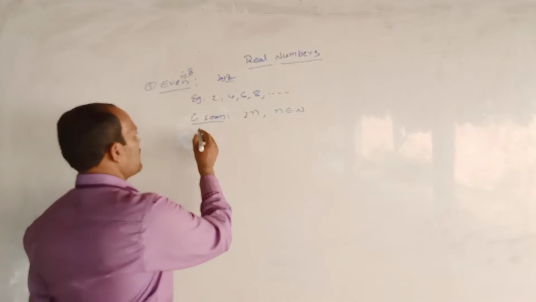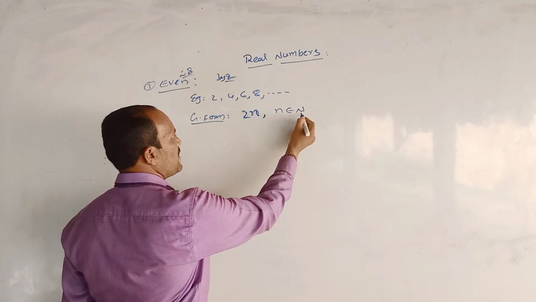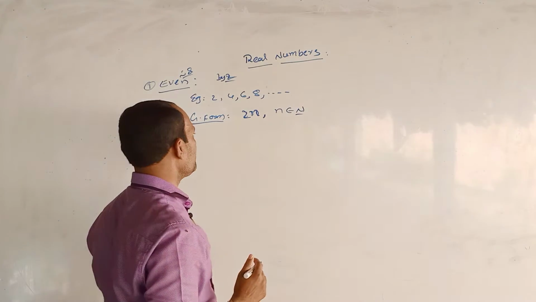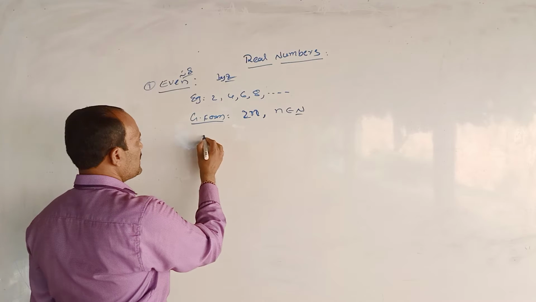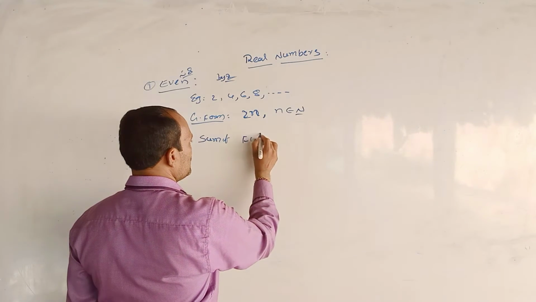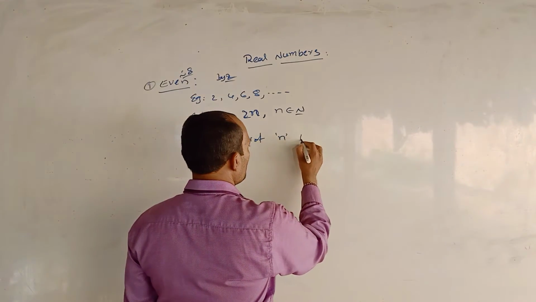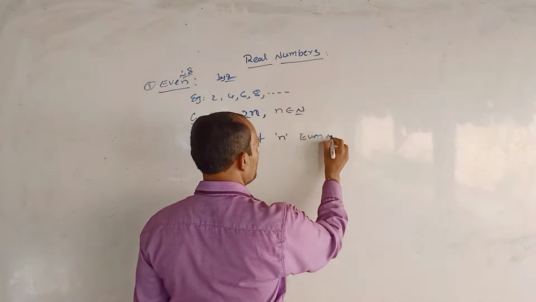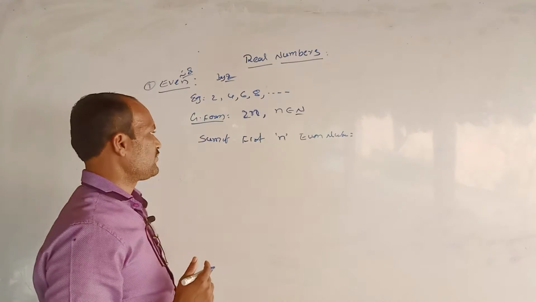So the general form of an even number is 2n, where n belongs to natural numbers. Next, the sum of the first n even natural numbers.